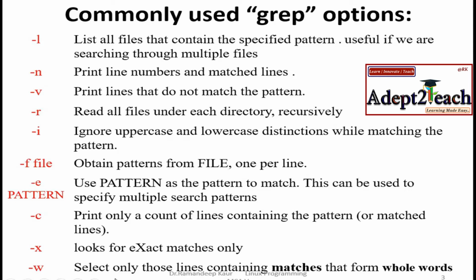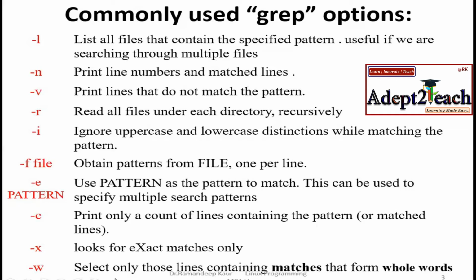If I want to select only those lines which contain the match pattern as a whole word, for example, I'm searching for "is". Now, if I search this pattern in my entire file, maybe there are some words which consist of the "is" word also. So by default, it will give me those lines also as pattern matching.